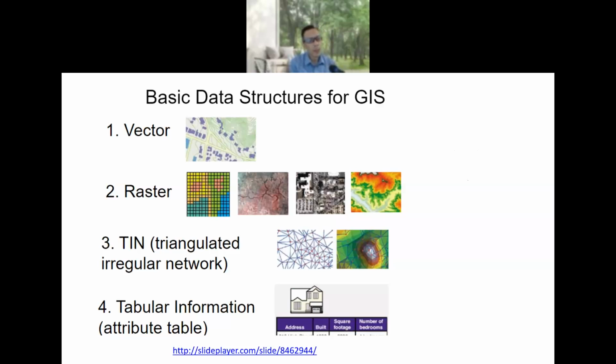So again, when you want to understand what kind of data are related to spatial analysis, these are the data. One is the vector data. In vector data, you have lines, strings, points, and polygons. Then you have raster data, then the triangulated irregular network, and usually you also have an attribute table.